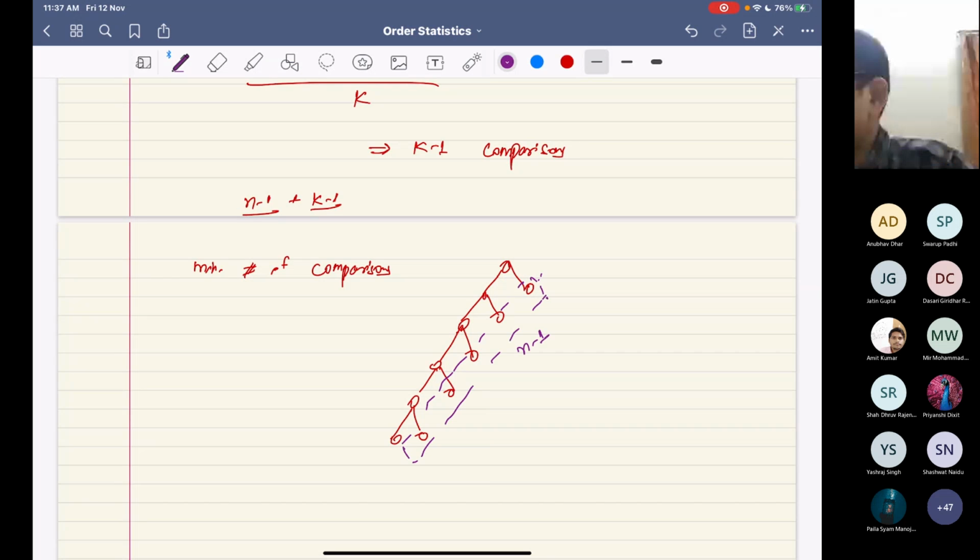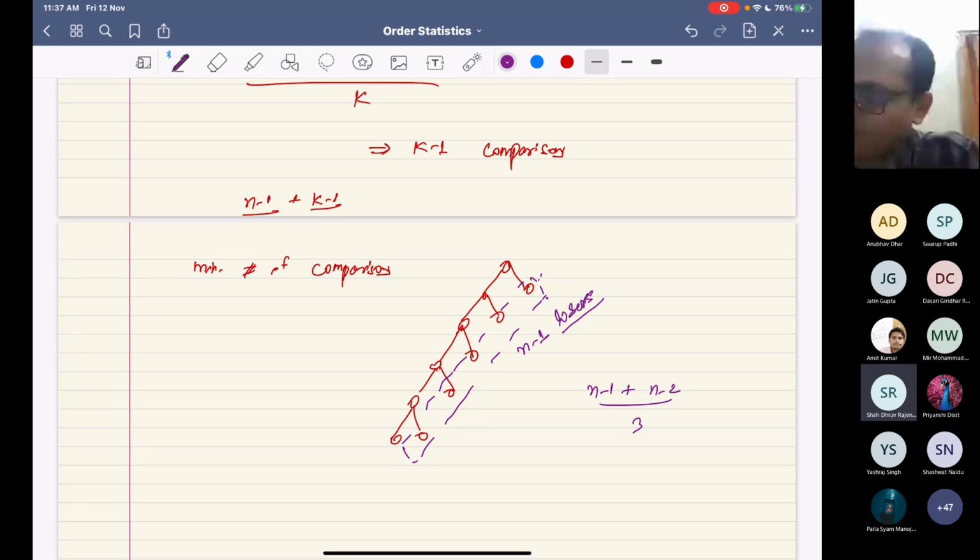That means you will need n minus 1 plus n minus 2, which is 2n minus 3. But we already saw we have better than this.